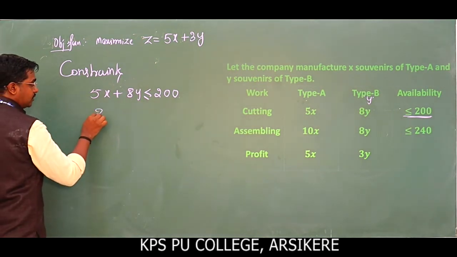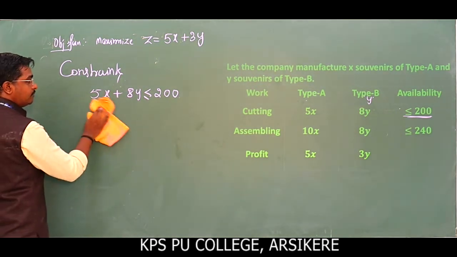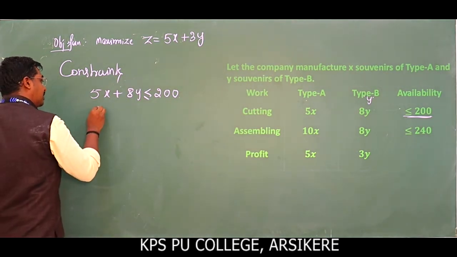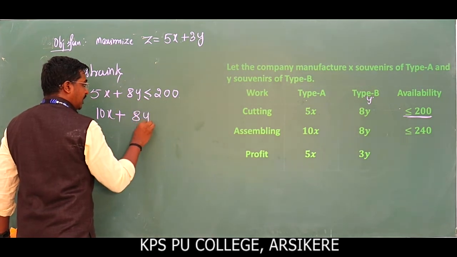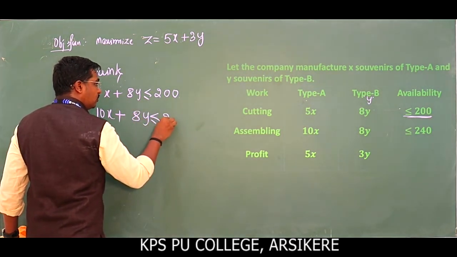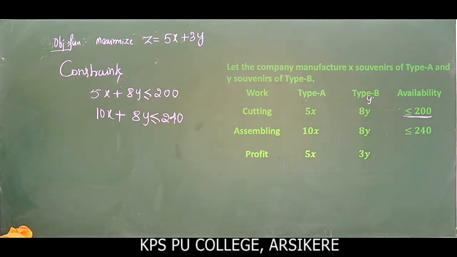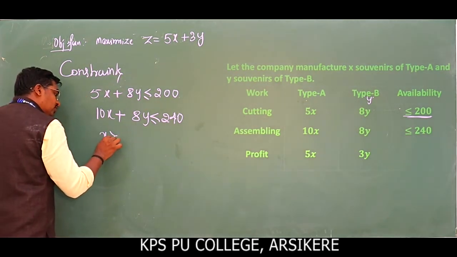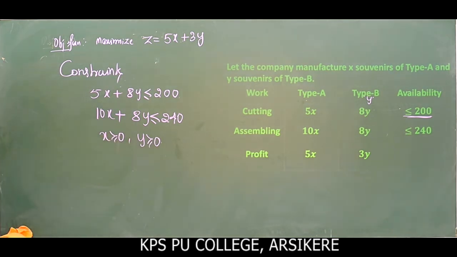The second one is 10x plus 8y less than or equal to 240. This is the constraint. And also x greater than or equal to 0, y greater than or equal to 0, they are the non-negative constraints.